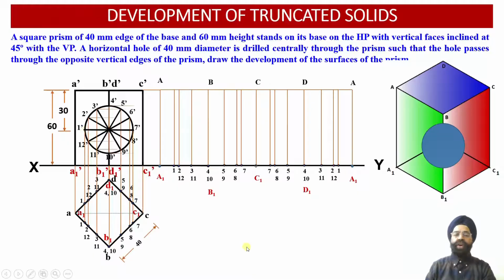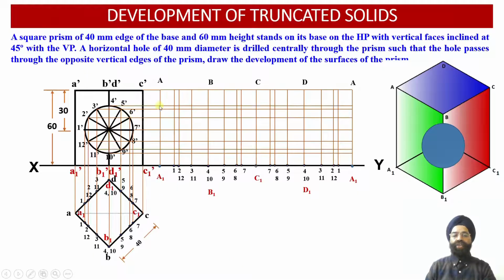So once we draw the horizontal projectors through all of these 12 points which are available with us corresponding to the circular hole visible in the front view projections, the height of all of these 12 points we are going to obtain in this lateral surface development view onto the corresponding vertical projector lines corresponding to the 12 points we have marked in the front face orientation, 12 points which we have marked in the rear view orientation over here.